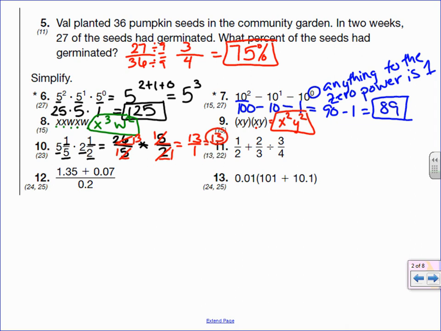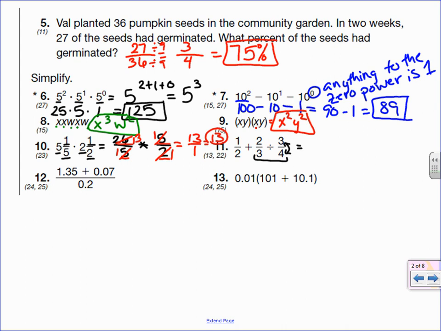Number 11, we have order of operations mixed together with some fractions work. So we need to remember, please excuse my dear Aunt Sally, which means we will do the division before we do the addition. So we take care of those two things first, and when we divide by a fraction, we multiply by its reciprocal.